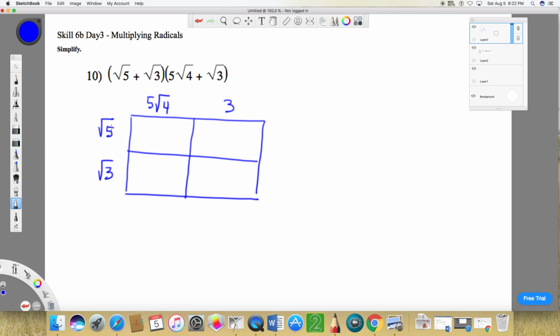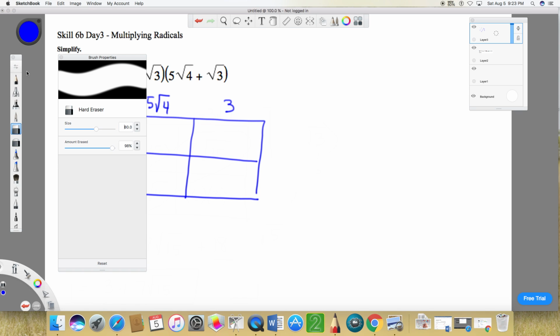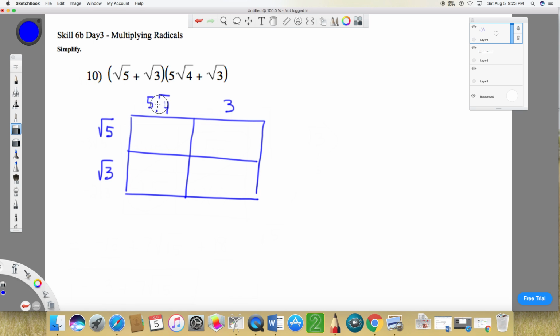So 5 is a prime number, but square root, if they gave me square root of 4, I guess you know what? I don't know why I wrote that. It's super obvious what the square root of 4 is, right? This is 5 times 2, so isn't this just the number 10? I may as well simplify it now, especially since it was so easy to do.